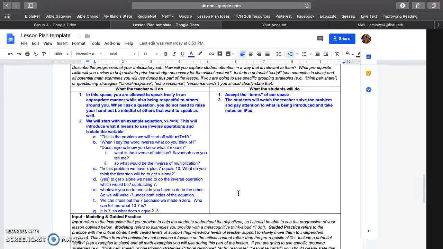Throughout this part, we have some questions that we're going to say to the whole class, but we also want to focus in on Savannah to be able to have her contribute to the lesson.